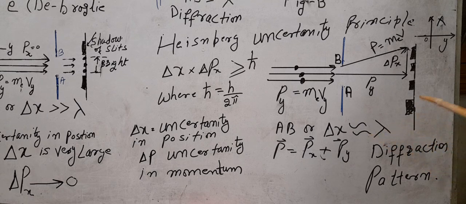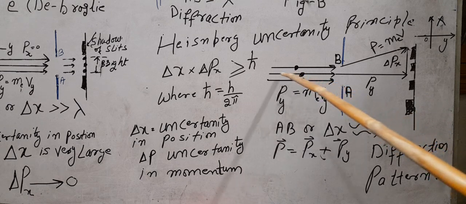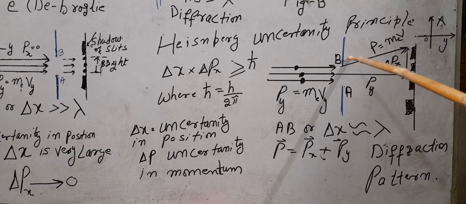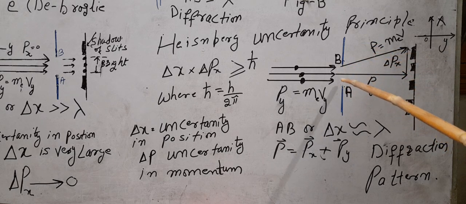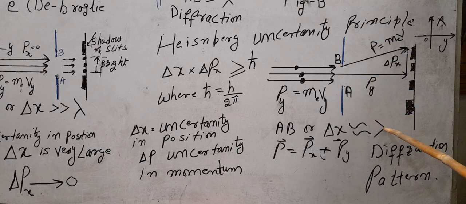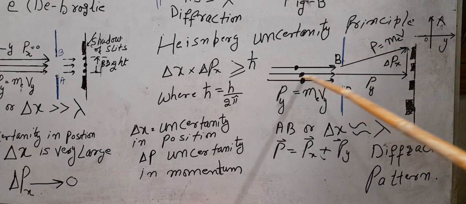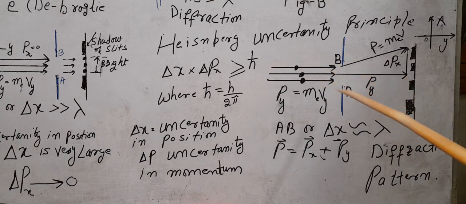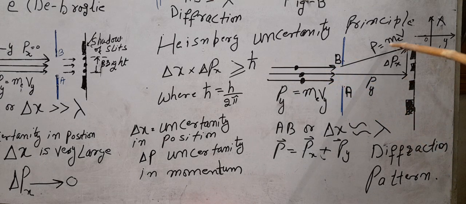In this case, again, the size of the slit is comparable to the wavelength of the wave associated with the moving electron according to de Broglie, and we get the diffraction pattern, which is exactly according to the uncertainty principle.